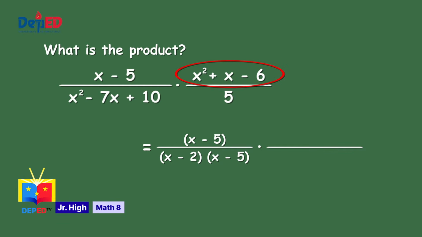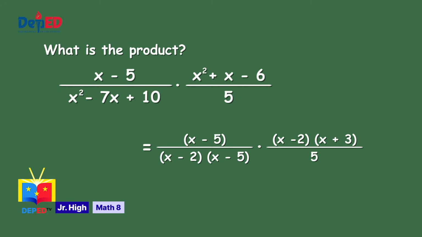Then we factor the numerator x squared plus x minus 6. Which two factors of negative 6 can have a sum of positive 1? The factors are negative 2 and positive 3. So we can write this as the quantity x minus 2 times the quantity x plus 3. And since the denominator is just a constant and a prime number, we write 5.